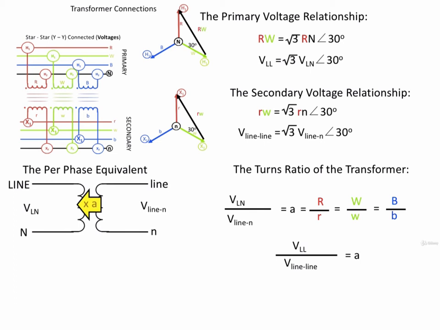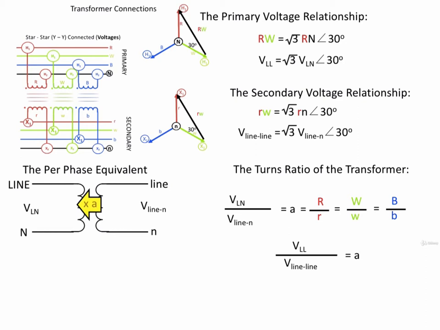We would be using the line to neutral voltages both for the primary and secondary, and if we were to convert the secondary line to neutral voltage to the primary line to neutral voltage, we would have to multiply by the turns ratio, which is designated as A here.